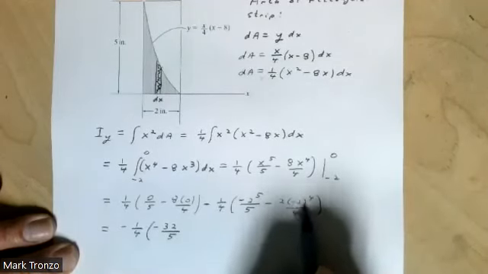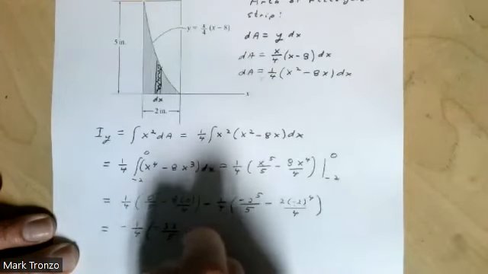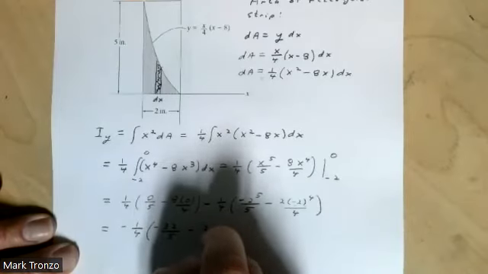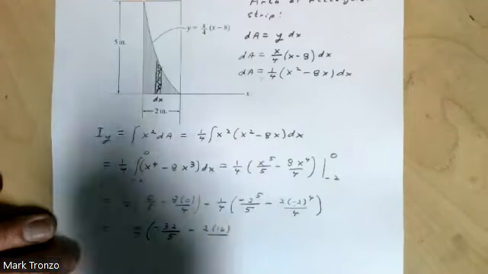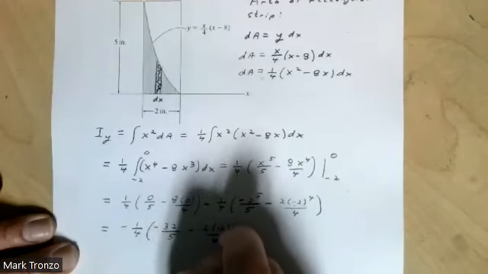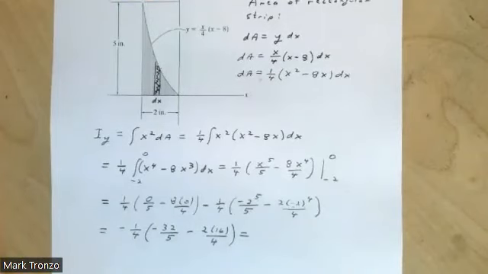And then this is going to be a positive 16 times 2. Do -2 times 16 divided by 4. And let me see what we have here. There's going to be 32 divided by 5 plus 32 divided by 4.